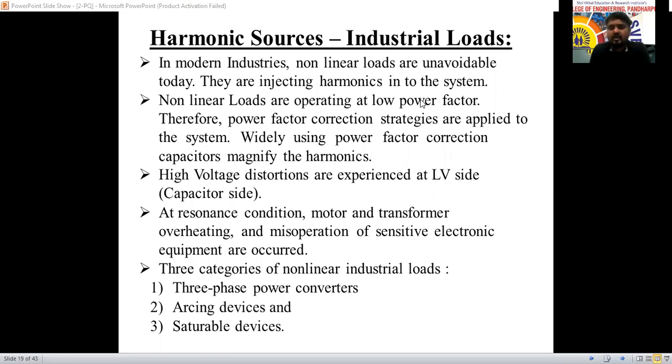On the generation or transmission side it may be 220 kV, 400 kV, but at the load side we receive very low voltage. So we connect the capacitor on that side, and almost only the low voltage side experiences the voltage distortion.